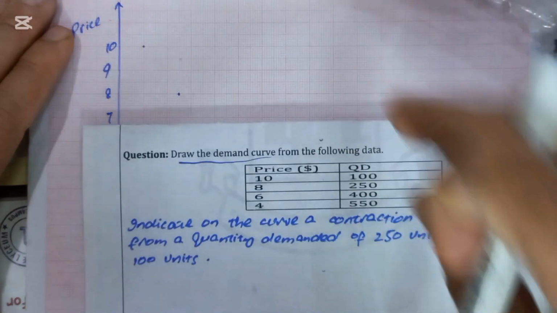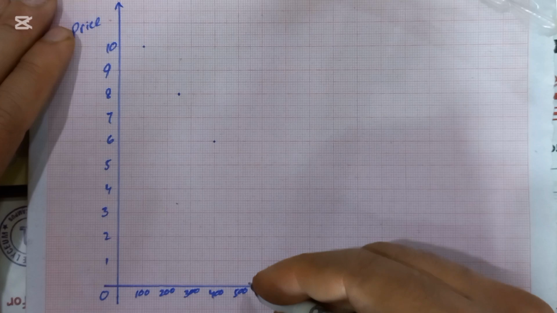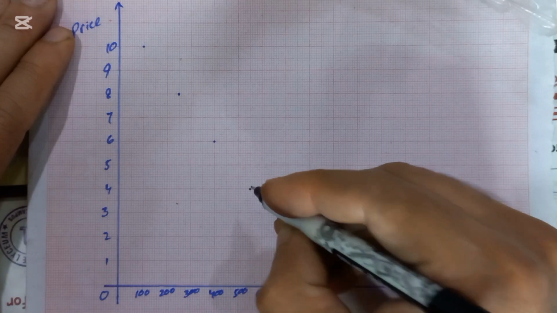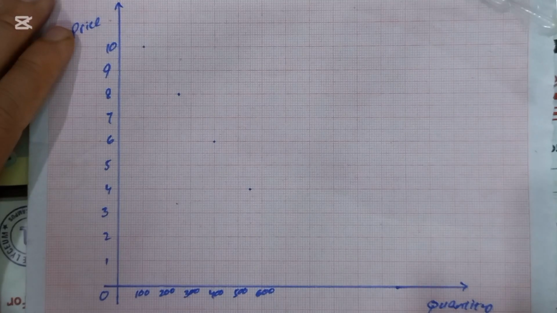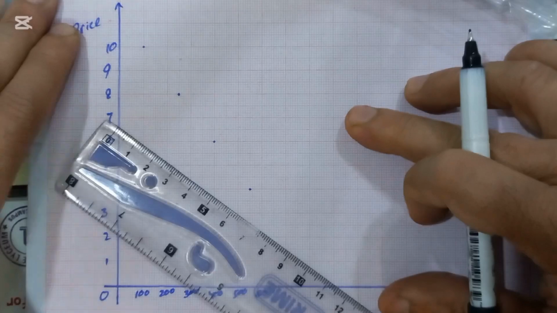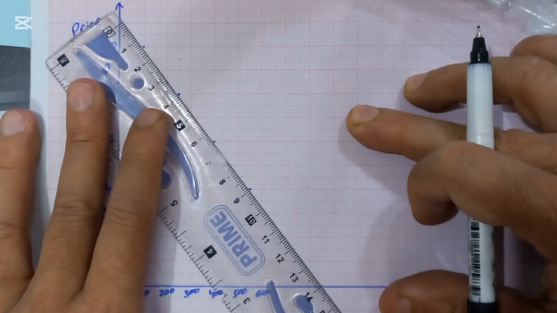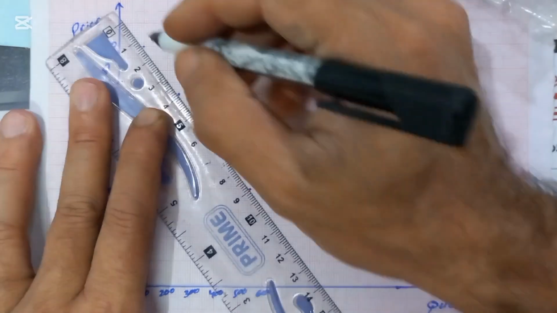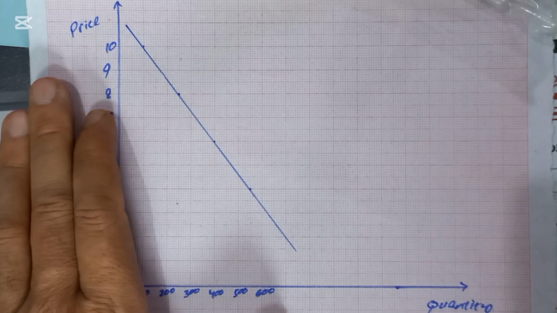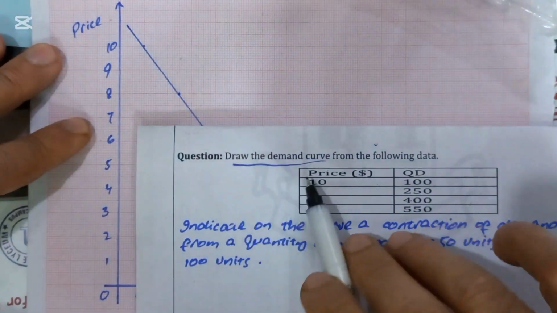The next point is 550 and 4. Here is 550 and here is 4. So these are the points which are plotted. Now we will join the points with the help of the scale. So beta, this is the graph of the data. The graph is plotted.